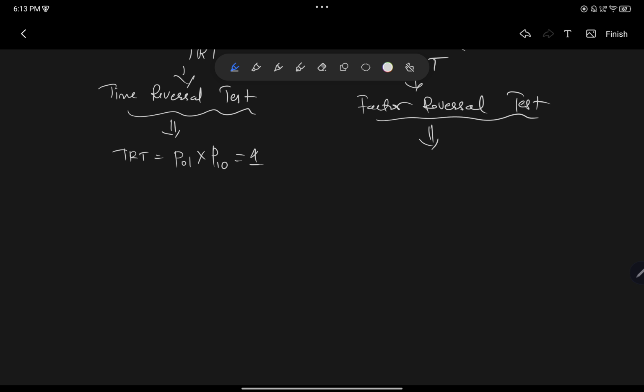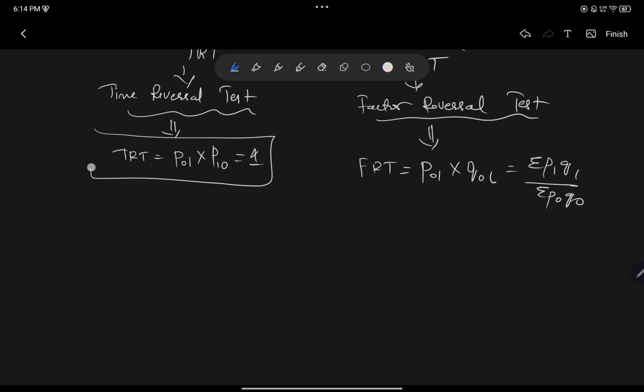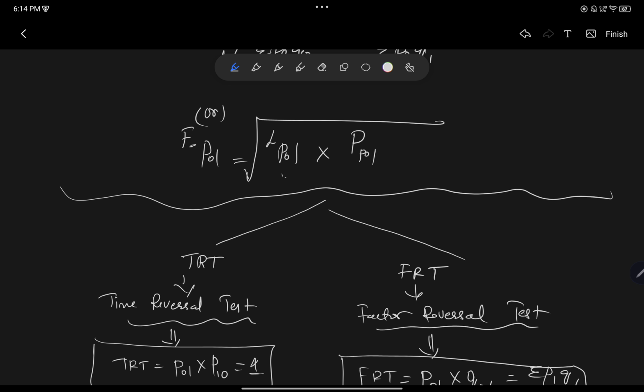Next, FRT is satisfied when P01 into Q01 is equal to summation of P1 Q1 divided by summation of P0 Q0. So if we get that, it means that we have satisfied the time reversal test as well as the factor reversal test.